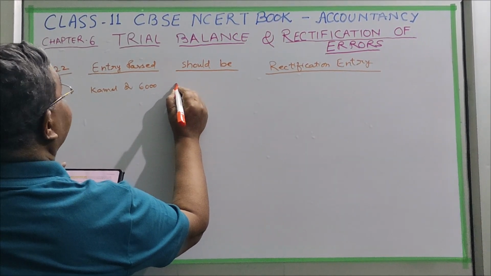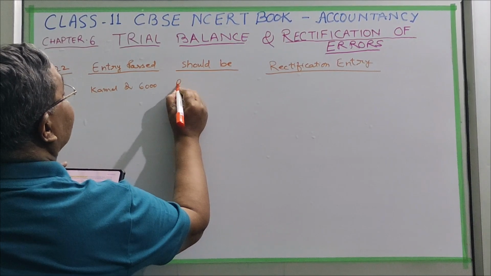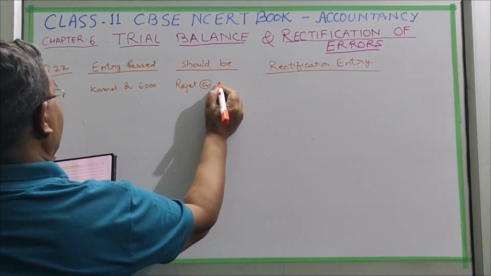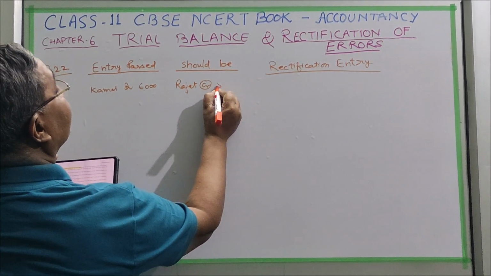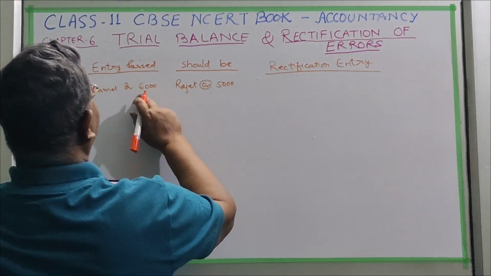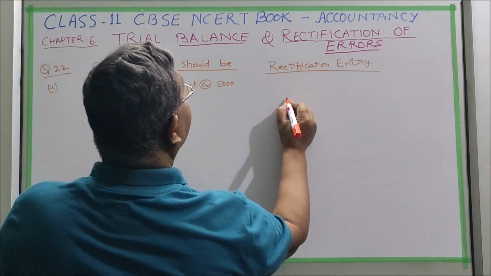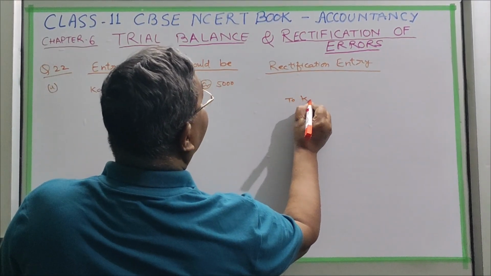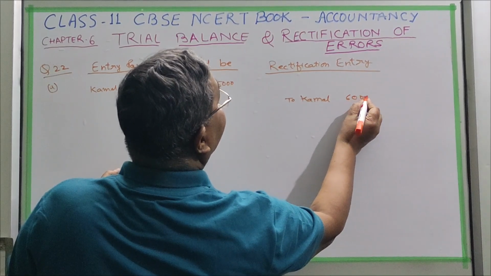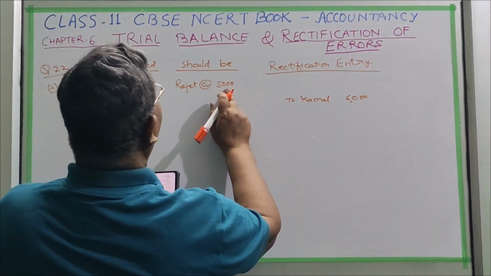And cash received from Rajat, so you have to credit Rajat. You should have credited with 5,000. So correction, it is wrongly debit, so you credit Kamal 6,000. Okay, this you have not done.